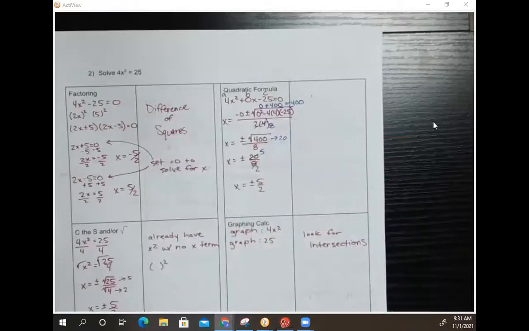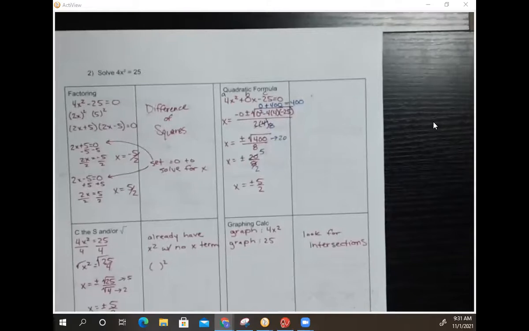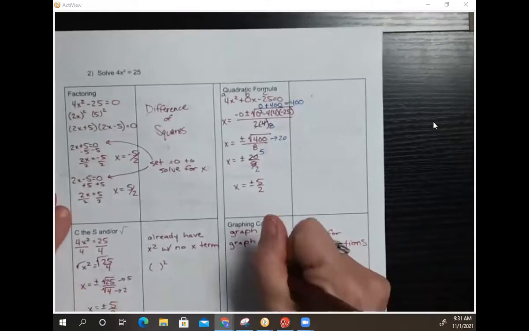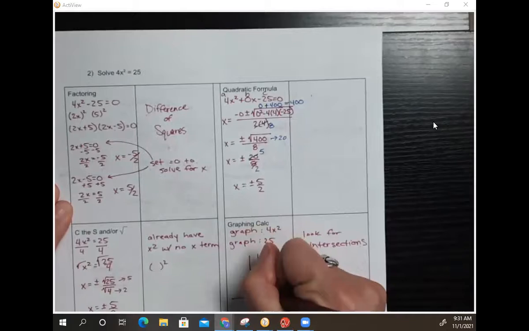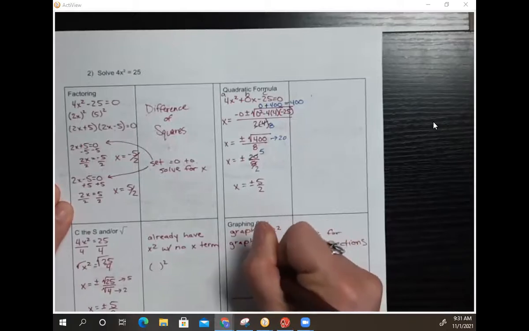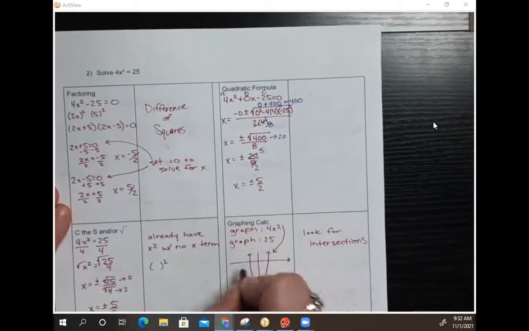So I'll sketch that little picture on my notes here like I did for the last one. So we had our parabola, our 4x squared parabola, and then our 25.